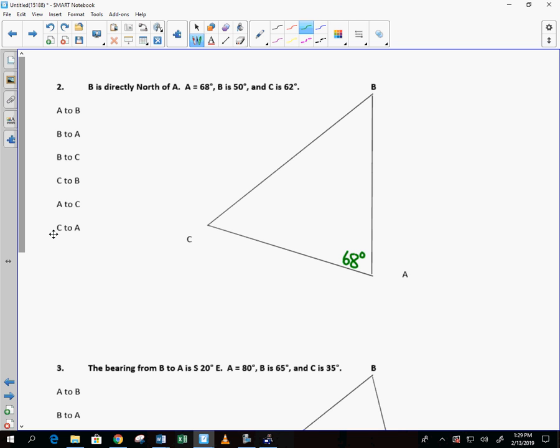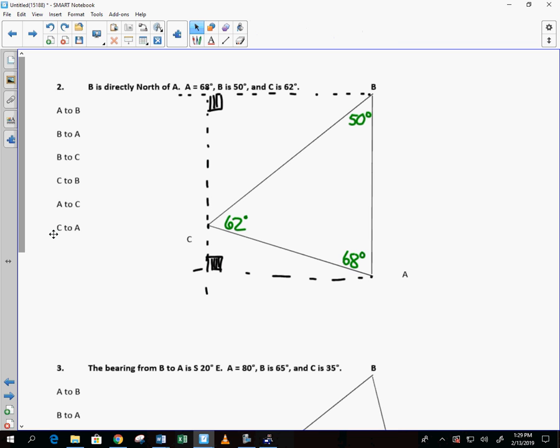68 degrees, 50 degrees, 62 degrees. I find that sometimes students in these situations like to just go ahead and set up the grid right away. If I were a student like you, I would set up the grid right away. I can't say what I did when I was in high school. I was often a kind of off the map mathematician.